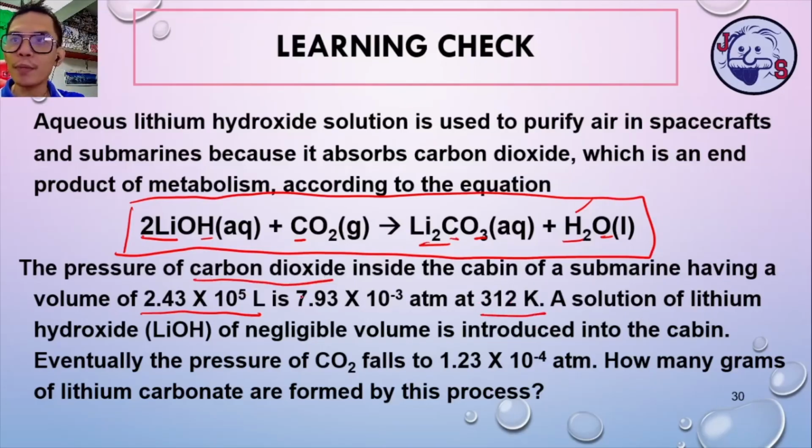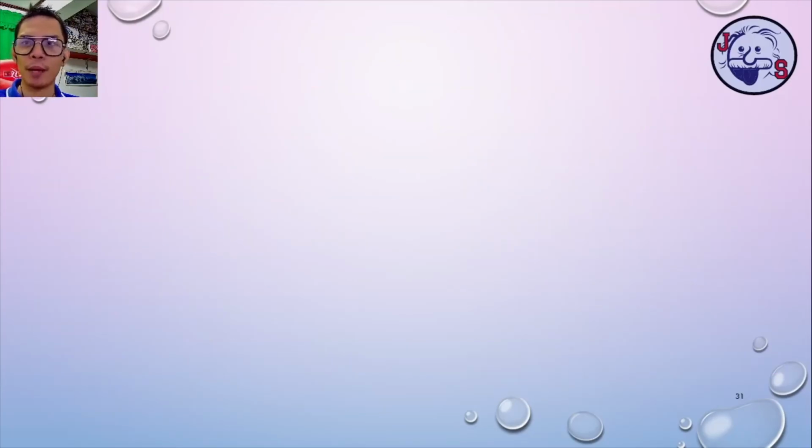And we have these two pressures: this is the initial pressure, and this is the change in pressure. Now we will compute the final pressure after this drop. The problem is asking how many grams of lithium carbonate are formed in this process. So with that, let's solve this problem.